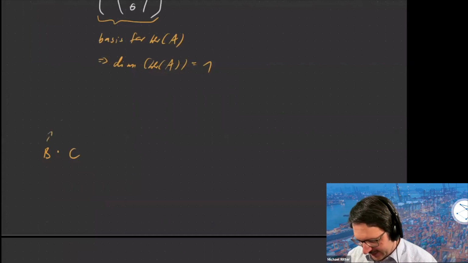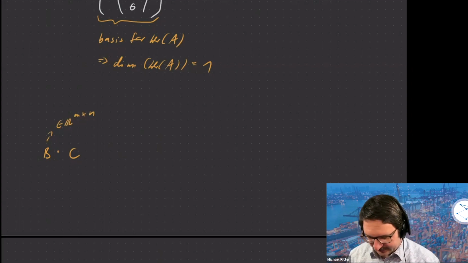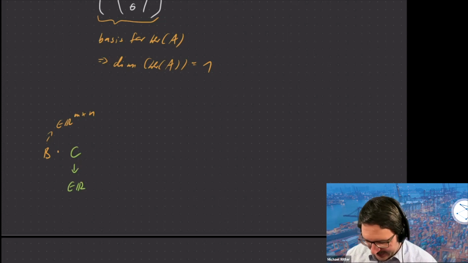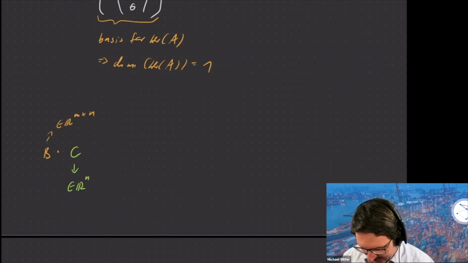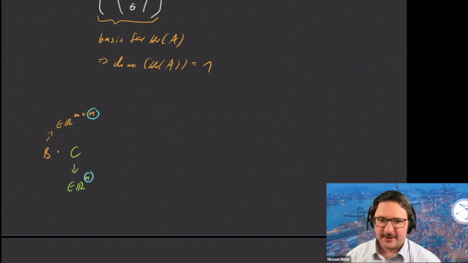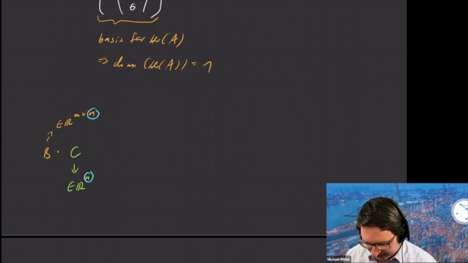Let's say B is an m by n matrix. Then we know that C must be a matrix that has n rows, because that middle dimension, n and n, must agree. Otherwise, the multiplication is just not defined. And then an arbitrary number of columns, let's say k.